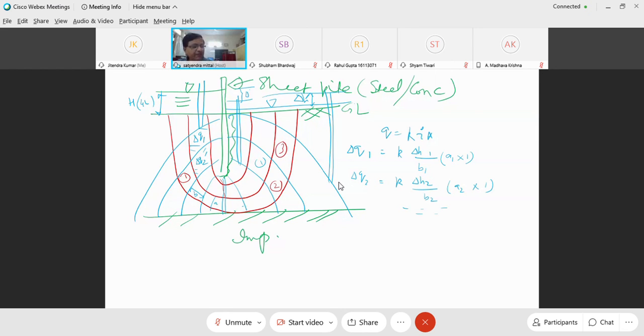Now what is happening? Fields 1 and 2 are in the same flow channel. Therefore, we can say that delta Q1 is equal to delta Q2.